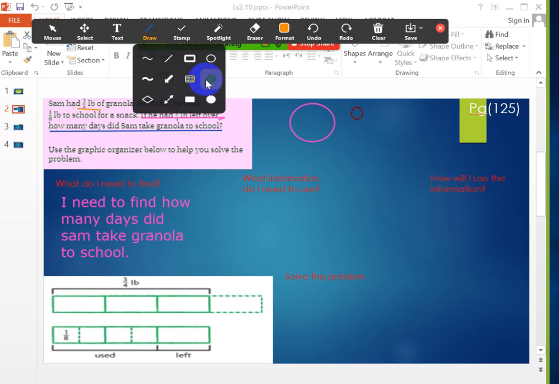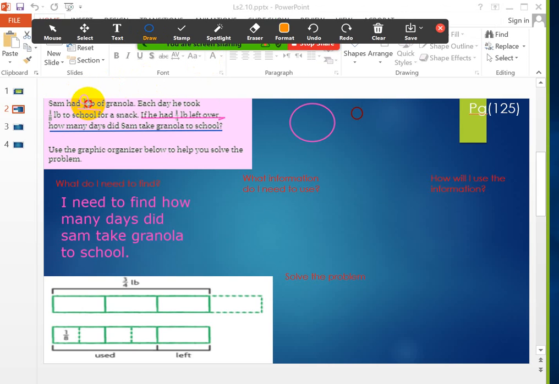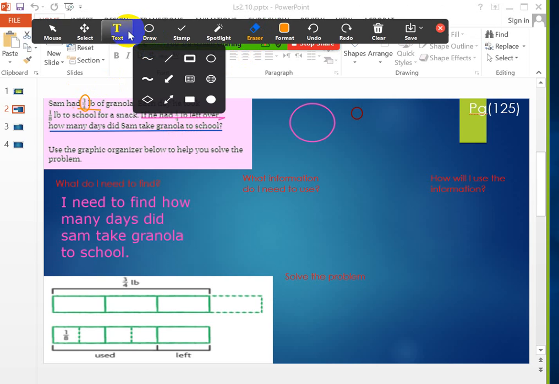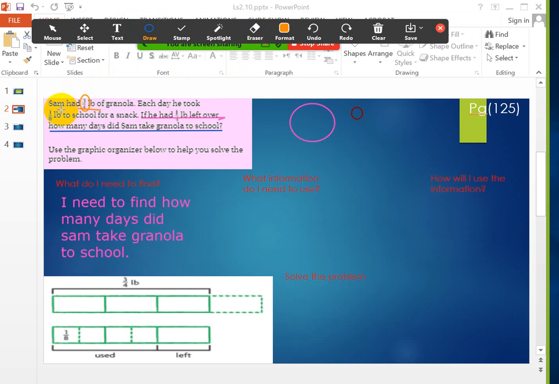So this is the first one. This is the second one. He had 1/4, 1/8, sorry. No, not this one. Sorry. This is the second one. He took 1/8 pound to school for a snack each day.